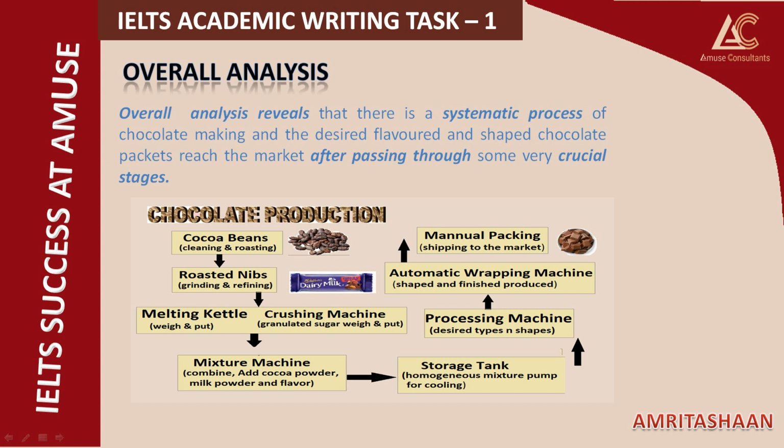Overall analysis, we are confidently telling that this is a systematic process of making chocolate. Another information that we are having is that desired flavors and shaped chocolates come to market as a final product, and then they are ready for shipping to the market, and all the stages that this process has gone through, all the steps were important.